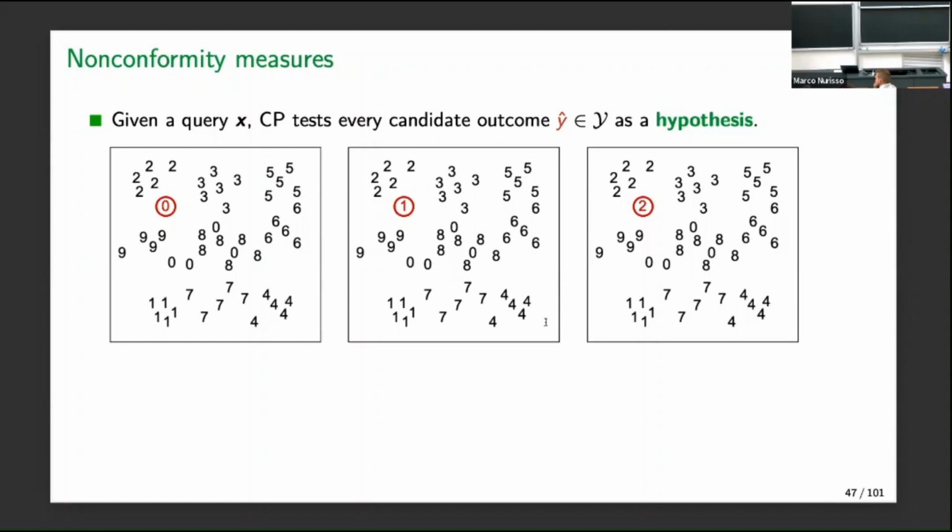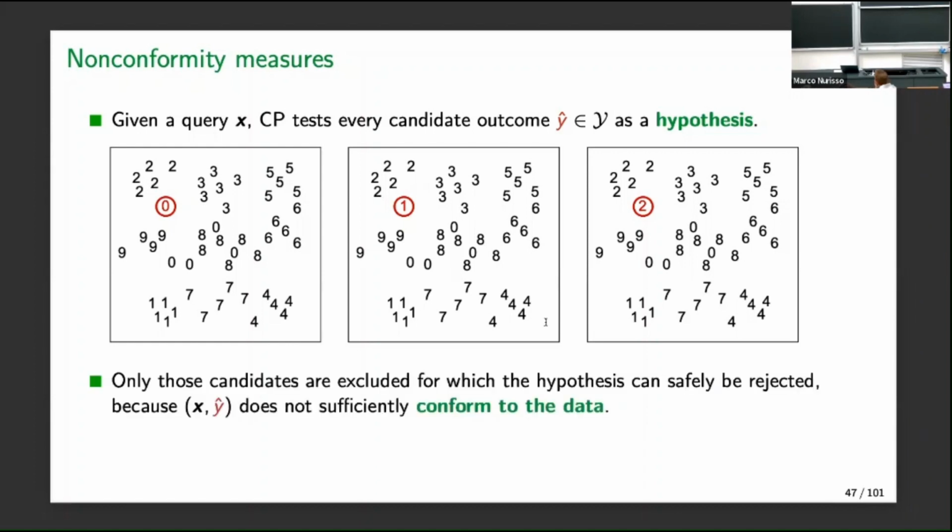And what this nonconformity measure is measuring is, for a given prediction, how much it conforms to the data. The notation I'm using in the presentation is for a nonconformity score, a function f that takes your x as input and a label that might conform to this.